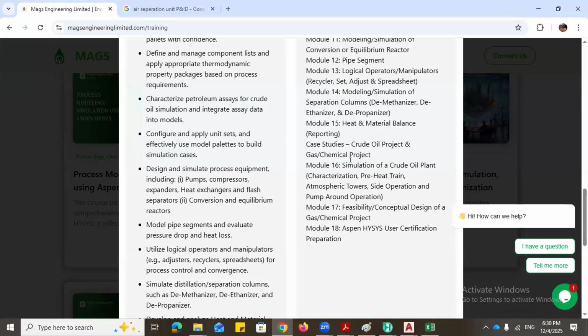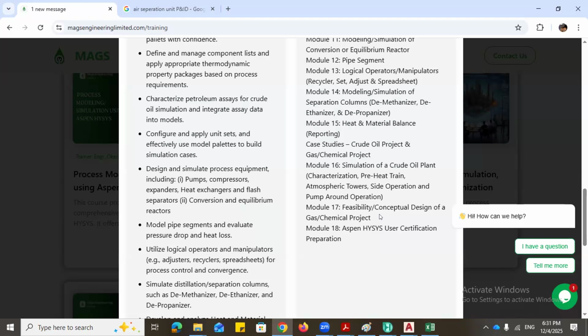Okay, this is a continuation of this. And again, feasibility and conceptual design of gas and chemical projects. One thing that Max Engineering Limited does that I love is that they don't repeat case studies, no matter what, because we have so many oil and gas and chemical products on ground. So in any training, they have a new feasibility and conceptual design they are initiating to their trainees.